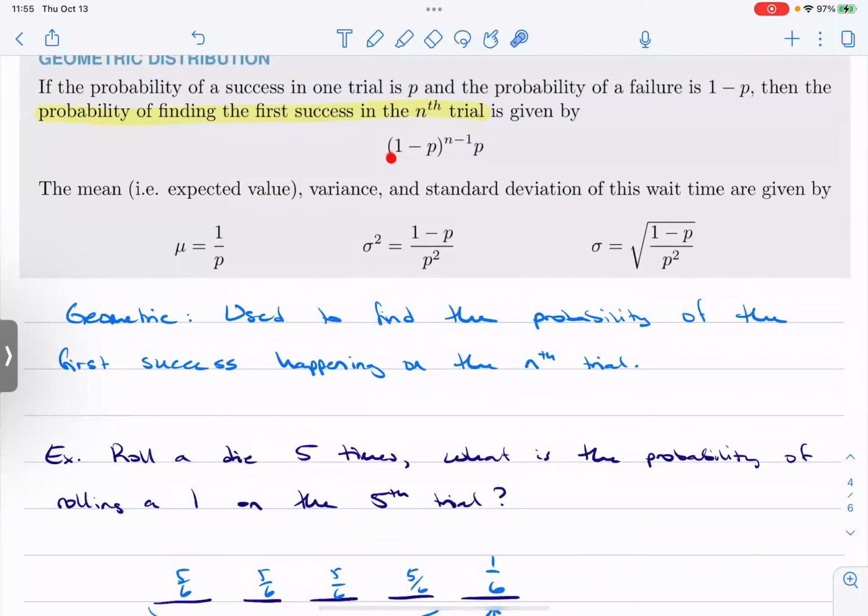To me, that looks like this: the probability of failure to the power of n minus 1. I have to have failure, failure, failure, all the way up to n minus 1 times, and then a success. So you don't need this formula. You would get there using the tools that we've already learned.